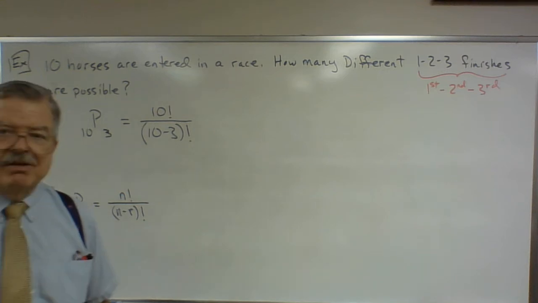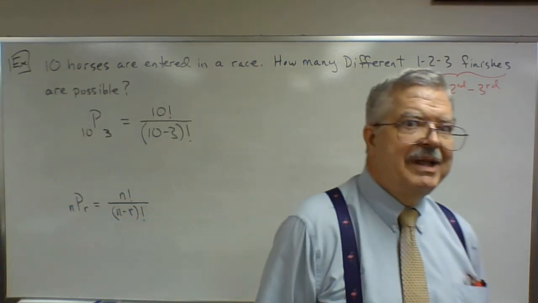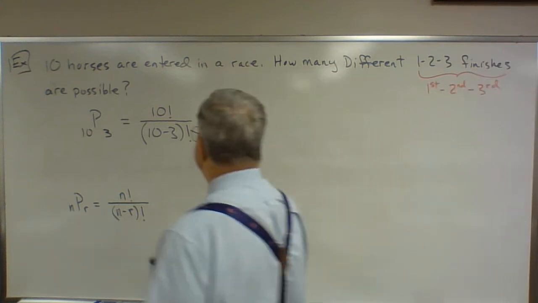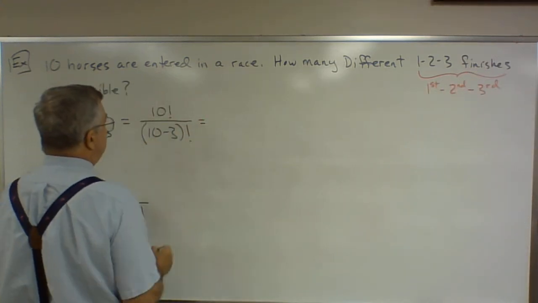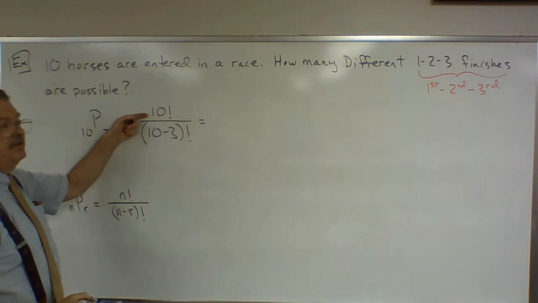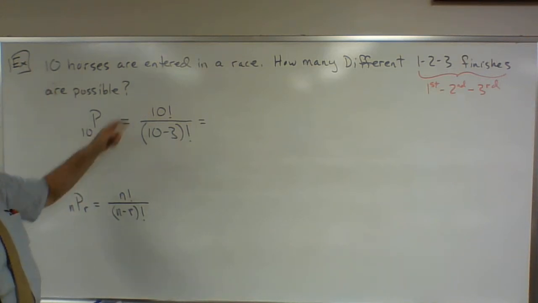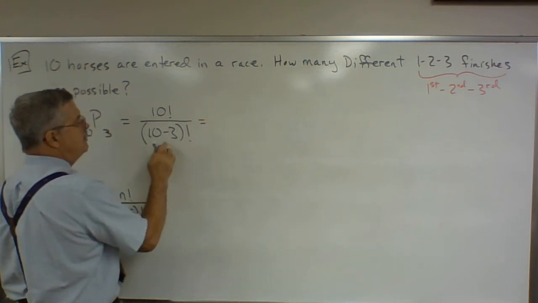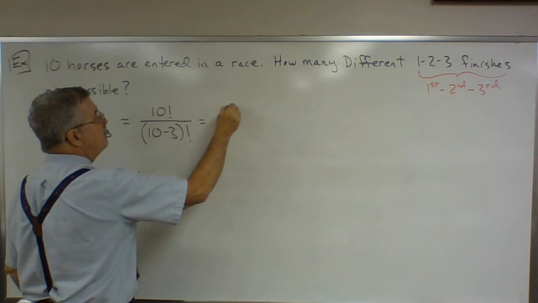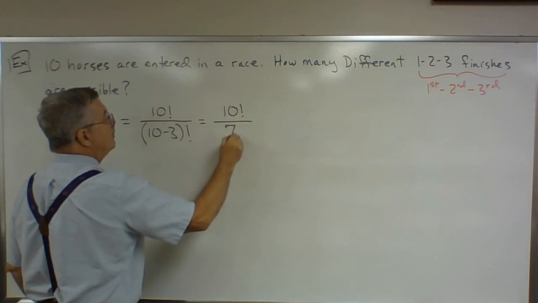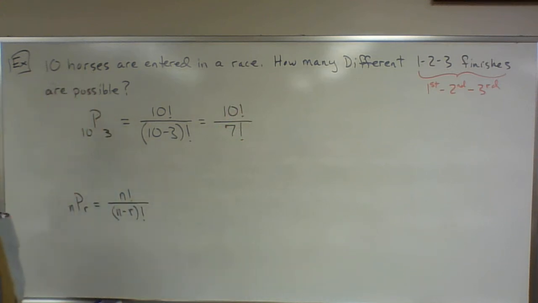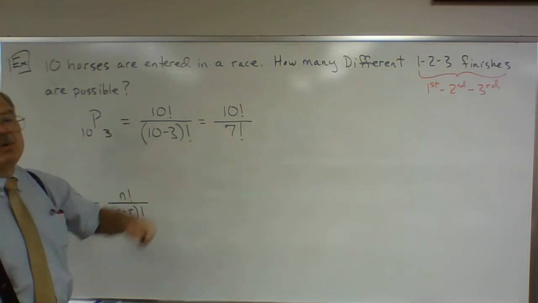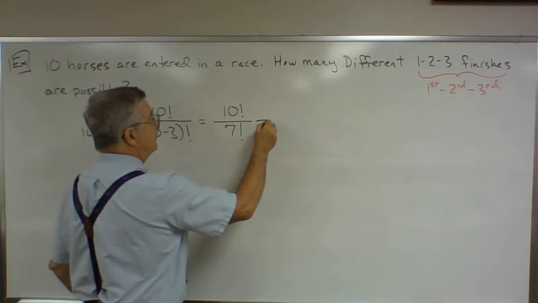And if we have a calculator, we can work this out real easy. I don't. So I'll just write down what this is. Let me rewrite this first: 10 factorial over 7 factorial. 10 factorial is 10 times every whole number less than itself.